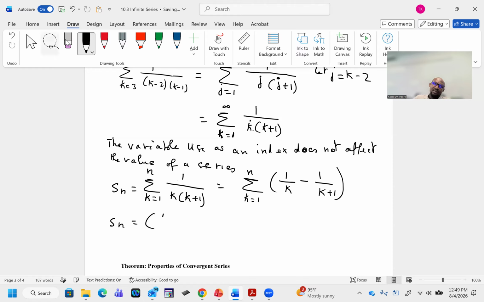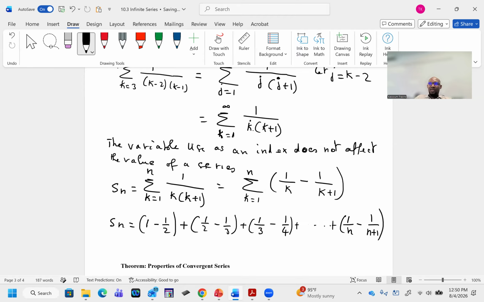K is 1, let me write this one small so you see exactly what is happening. 1, sorry, not 1/2, 1, because if K is 1, we'll have 1 divided by 1 minus 1/2, plus K is 2, 1/2 minus 1/3, plus if K is 3, 1/3 minus 1/4, plus if K is n, 1/n minus 1/(n plus 1).